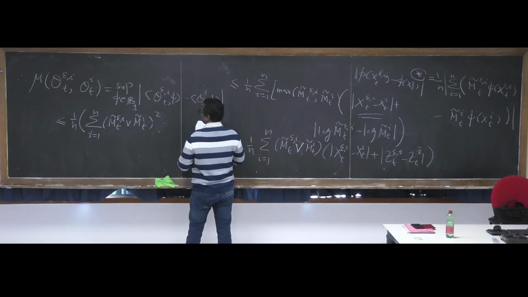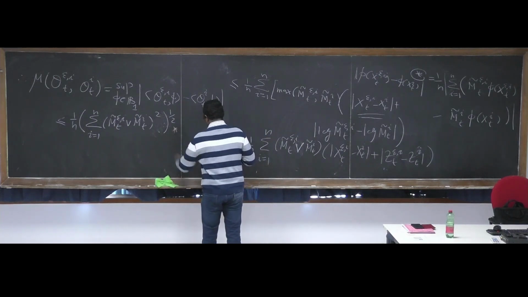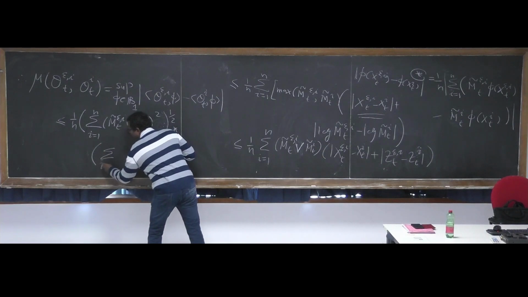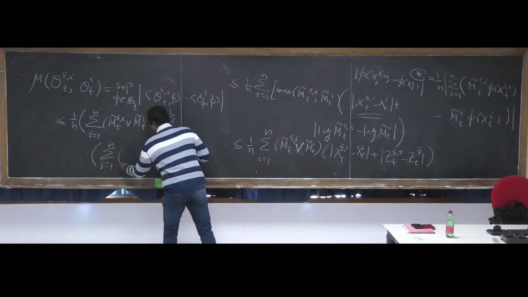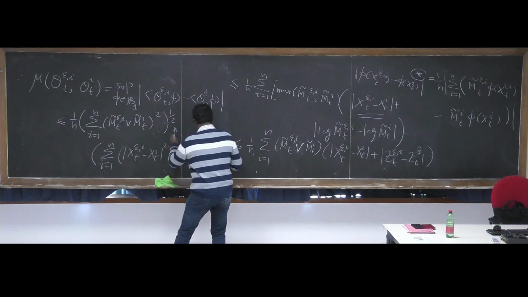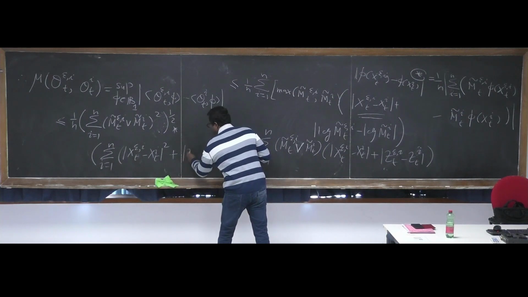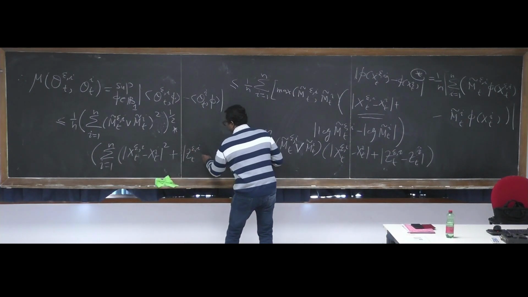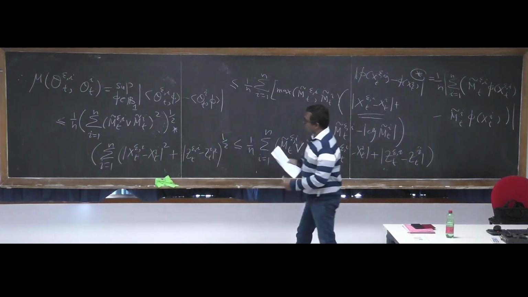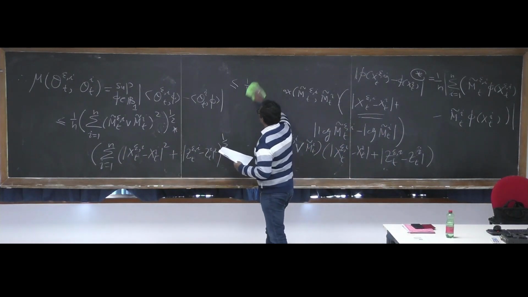This is squared, to the power 1/2, times the sum i runs from 1 to n of x^ε_{I,t} minus x_{I,t} squared plus z^ε_{I,t} minus z_{I,t} squared, to the power 1/2, right? All right, so you have this.